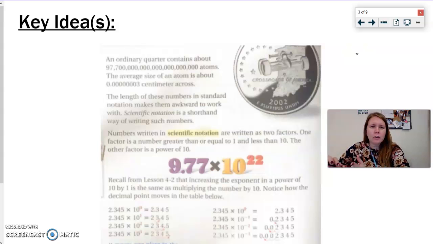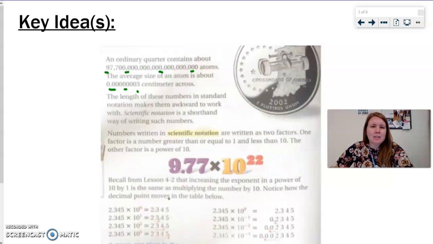So it says an ordinary quarter contains this many atoms. The average size of an atom is about this many centimeters across. So those are both really large or really small numbers. I'm sorry, the first one's really large, the other one's really small.